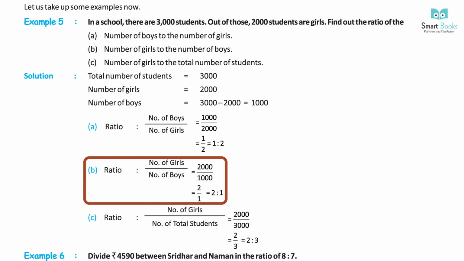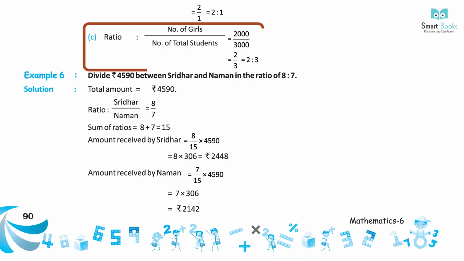B. Ratio, number of girls upon number of boys equals 2,000 upon 1,000, equals 2 upon 1, equals 2:1. C. Ratio, number of girls upon total number of students equals 2,000 upon 3,000, equals 2 upon 3, equals 2:3.